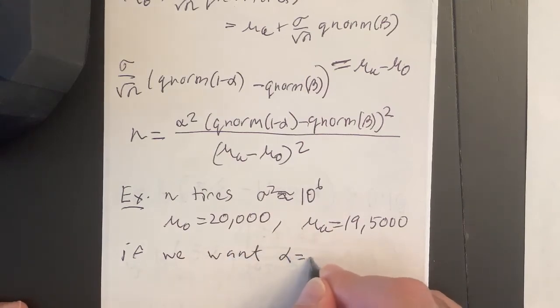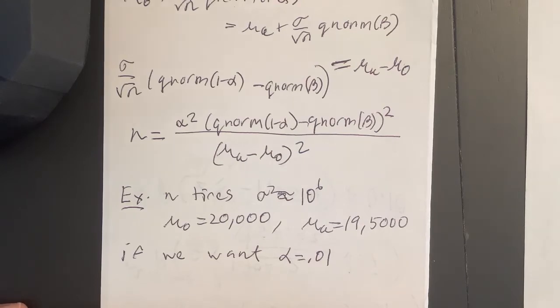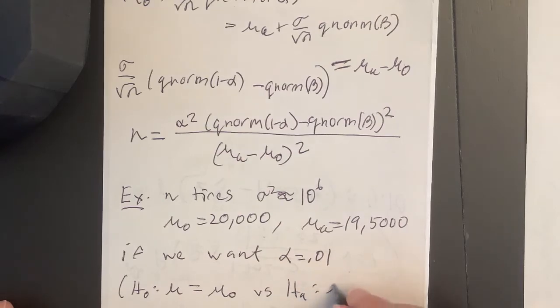So if we want alpha equals, say, 0.01, only a 1 in 100 chance of making a type 1 error. So the test is H0: mu equals mu 0, versus HA: mu is less than mu 0.